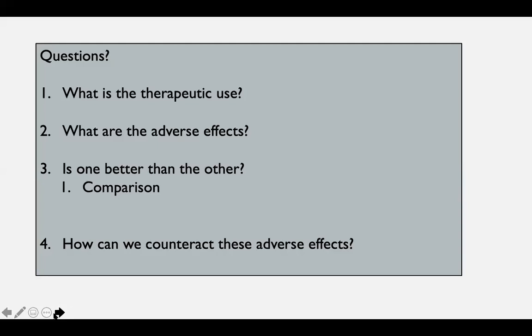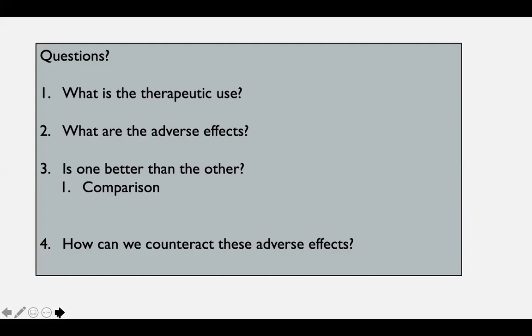What is the therapeutic use? Where do I want to go? What direction do I want to take? What are the adverse effects? Do I want to search general aromatase inhibitors, or do I want to zero in or do a comparison between one and the other? If there are adverse effects or negative effects, is there a way to counteract these adverse effects?